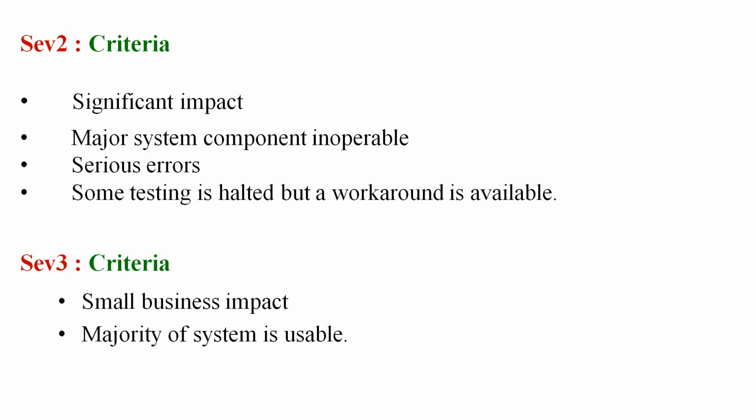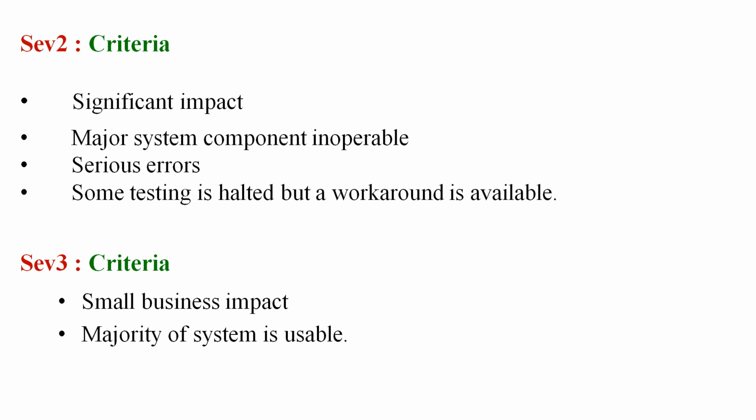For your better understanding, example, 80% of the application is inoperable. We cannot use it. Why? Because the defect is present. If 80% of the application is not usable, the testing team can do only 20% of the testing. 80% they cannot test.